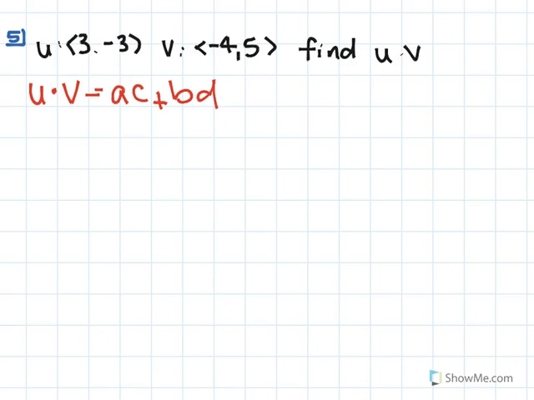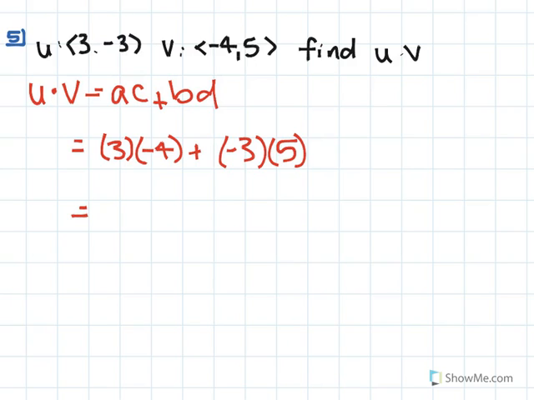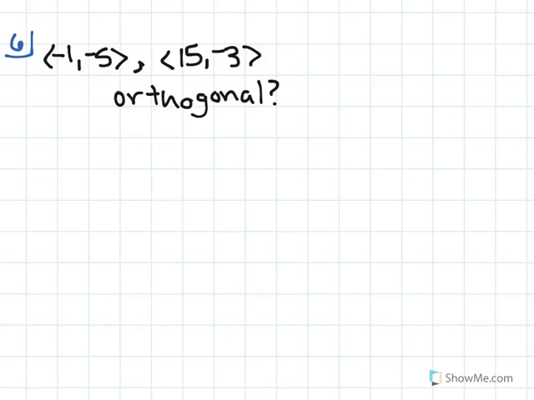So with the dot product, you're just multiplying each of the components and finding the sum. So we're going to have 3 times -4 plus -3 times 5. So if we multiply those and we add them, we're going to have -27 as our dot product.